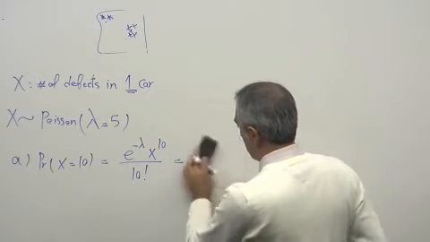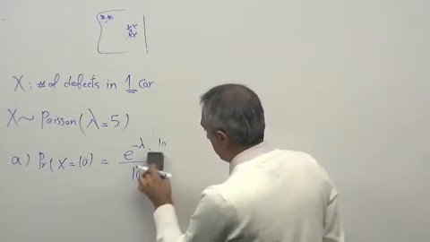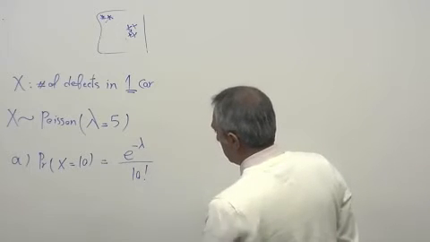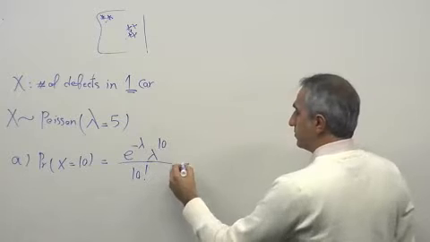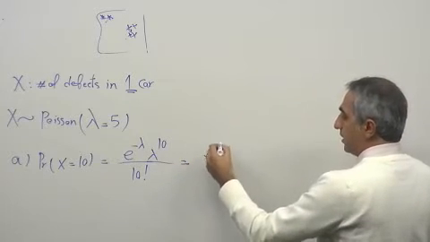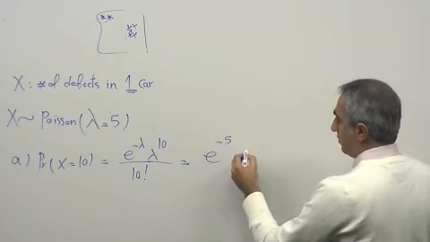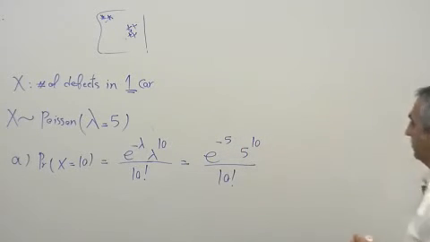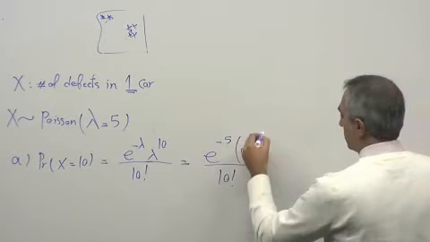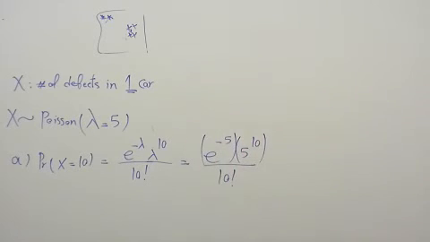It's lambda to the power of 10. Sorry about that. And lambda is 5. I hope this one is correct. Okay? So that's for part A.